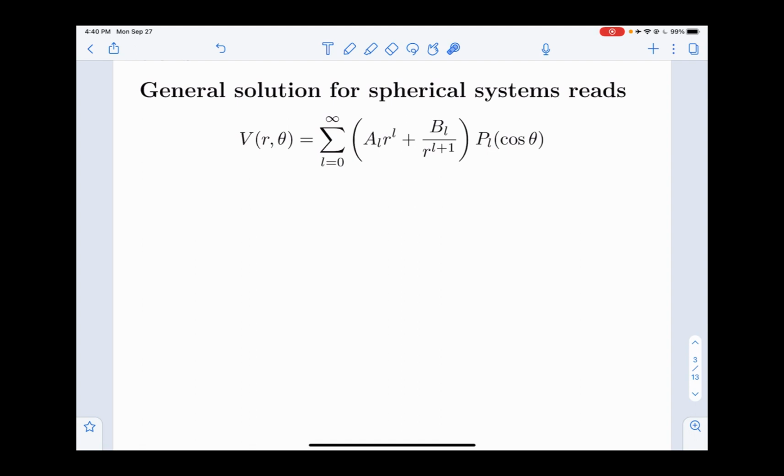Today I'll give some examples of how to determine these A_l and B_l, and we will go through 3 of them, I guess. So let's check the first one.